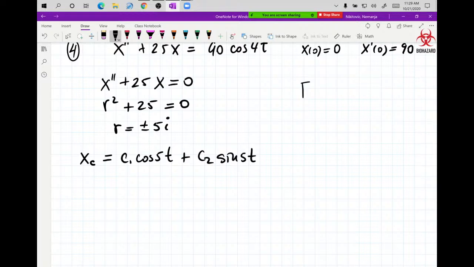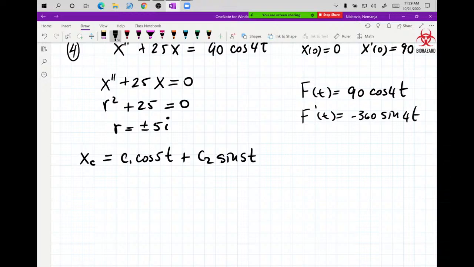My function f of t is 90 cosine 4t. And then when you start taking the derivatives, you get negative 360 sine 4t. Then, when you do this one, you're going to get 360, that's 12, 4, right? 40, I hope.